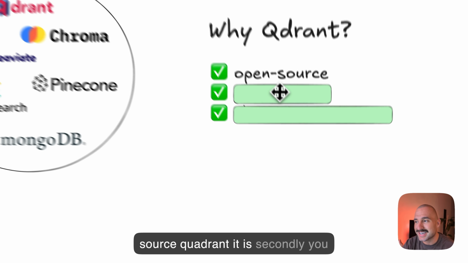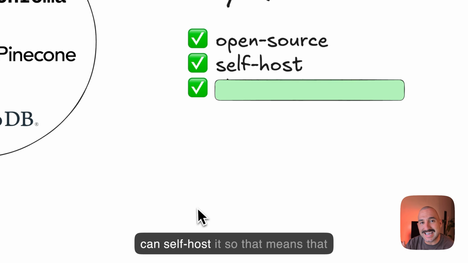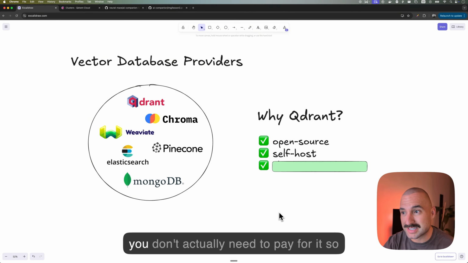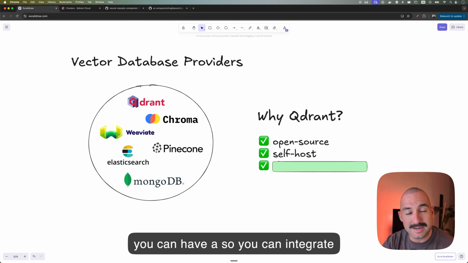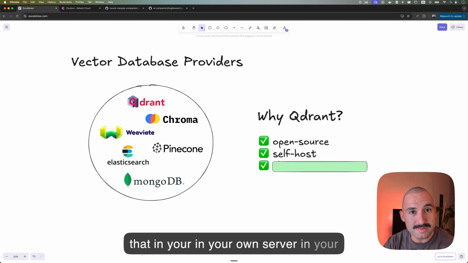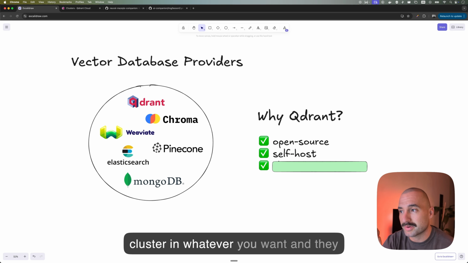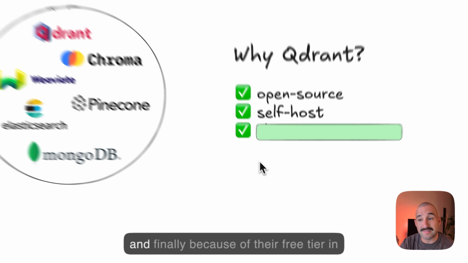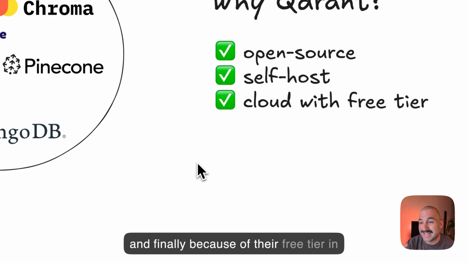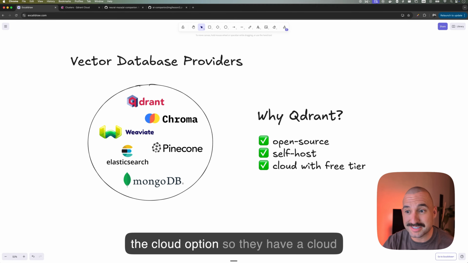Secondly, you can self-host it, so that means that you don't actually need to pay for it. You can integrate that in your own server, in your cluster, or in whatever you want. And they also have a nice Docker image for you to do it simply. And finally, because of their free tier in the cloud option.